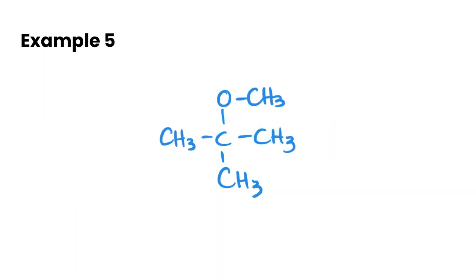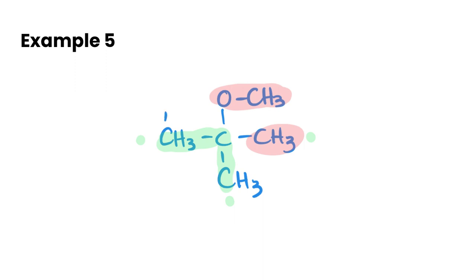Now our final example. Again, we have a methoxy group here, so we're going to highlight that in red first. Then we look for the longest chain attached to it. It doesn't matter if we start here, here, or here; either way is going to give us 3 carbons. I'm going to be a little bit different and go sideways here, which means that this methyl group is also attached to the main chain.